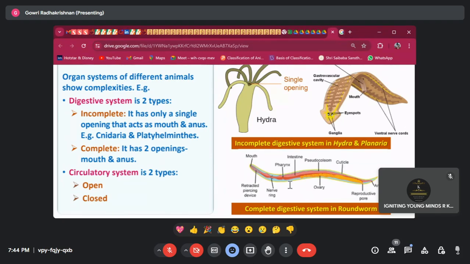That is Cnidaria and Platyhelminthes. In these two phyla, you can see the digestive system to be incomplete. They don't have a proper digestive system. Complete has two openings, mouth and anus, both present for taking the food and then excreting it.